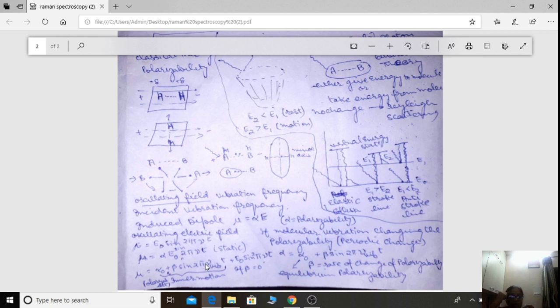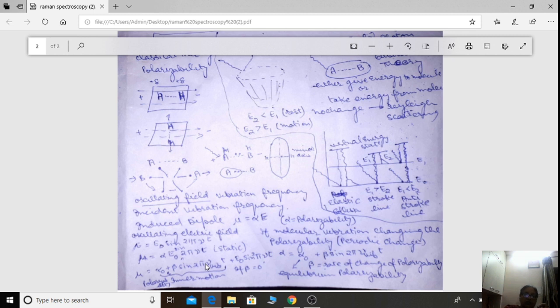When the molecule is also moving, it has some vibrational and rotational motion already oscillating. So there are two types of field we are applying: the oscillatory electric field, and the molecule itself is moving, so it will have its own vibrational and rotational frequencies. Suppose it is an AB molecule.